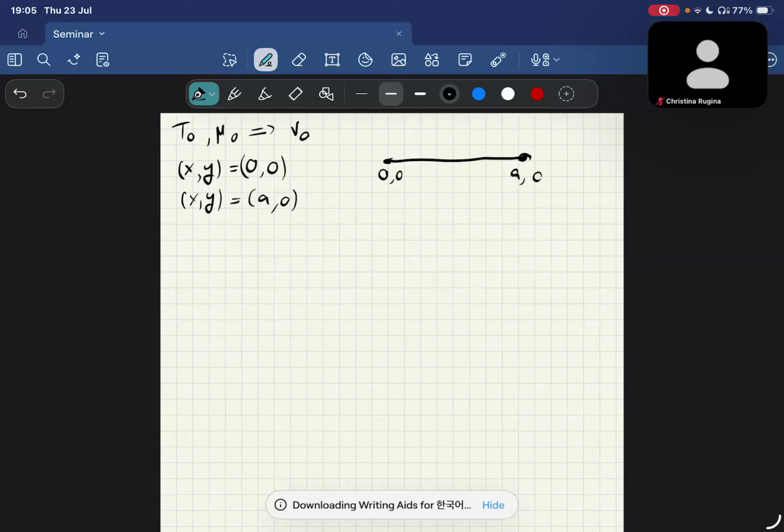Okay, good. The string endpoints are fixed, which will come very handy in a second. And the string can vibrate in the y direction. So the string does not vibrate in other directions. It's very important, even though it seems obvious.